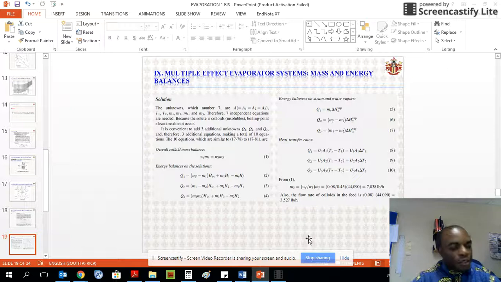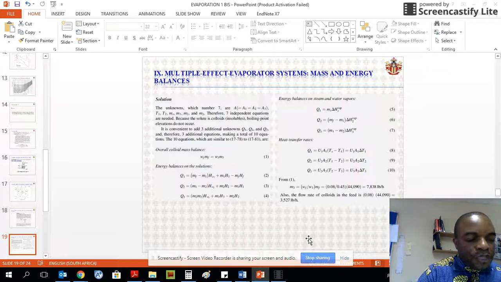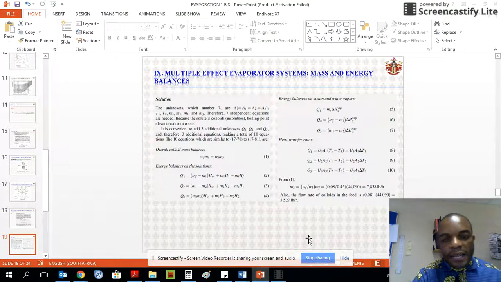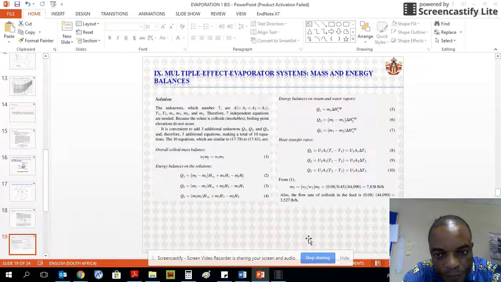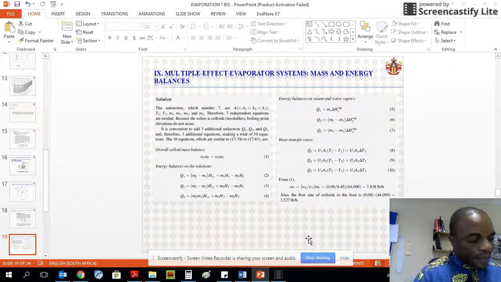The solution which is suggested in the textbook is provided to you. I would urge you to read it carefully. It's an iterative method that is easy to understand. Please go through the method, and we are going to discuss it in class.